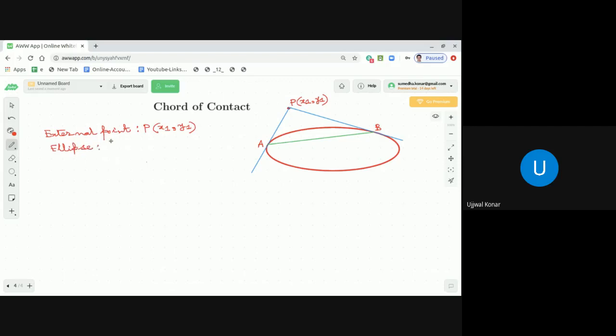And what is the equation of the ellipse, dear students? It is x square by a square plus y square by b square equal to 1.